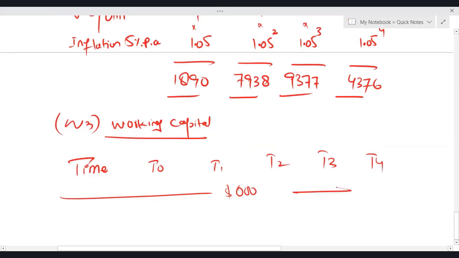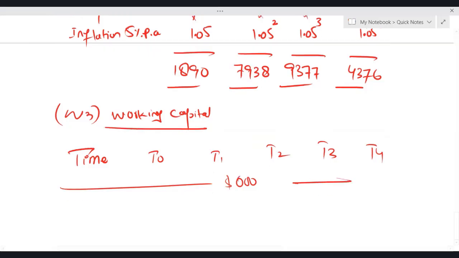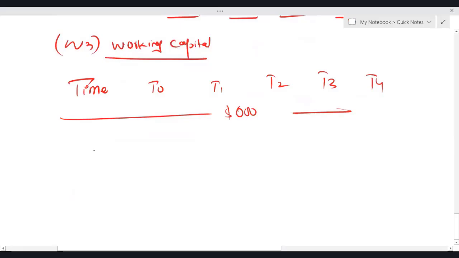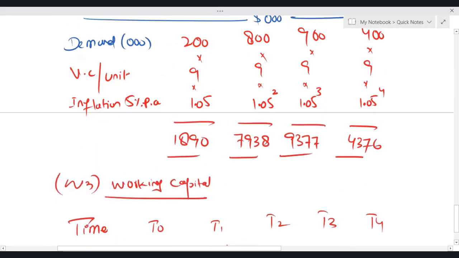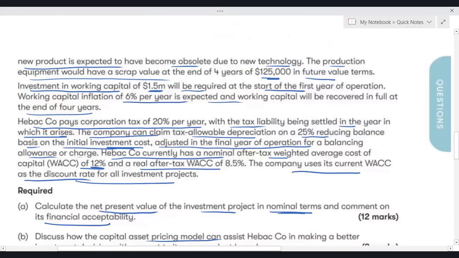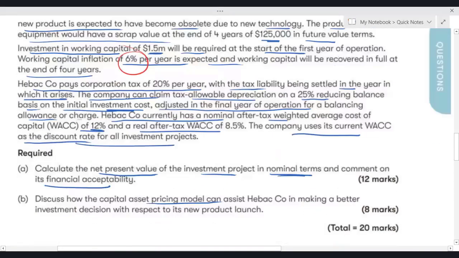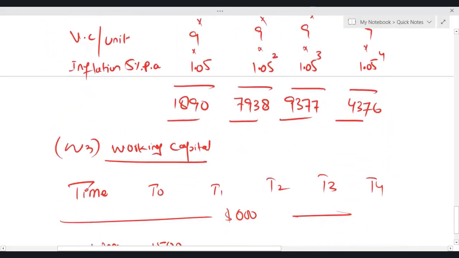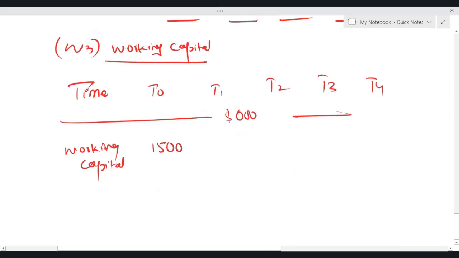Initially at time 0, working capital is 1.5 million, meaning 1500. But after that the question says this working capital will increase by inflation, by 6% per annum.